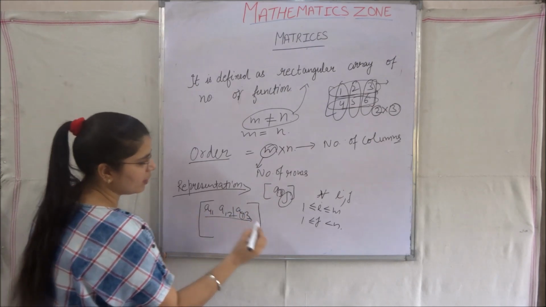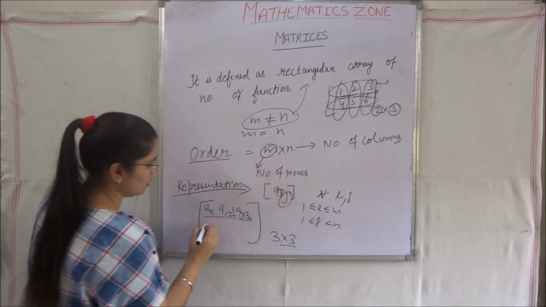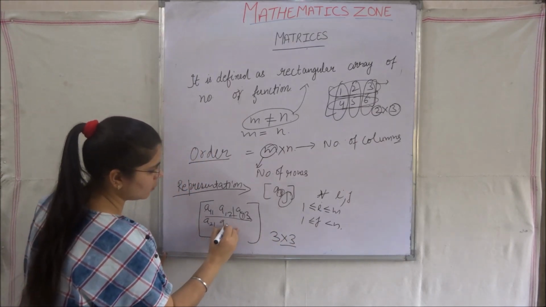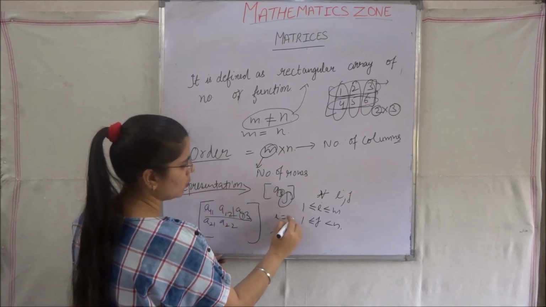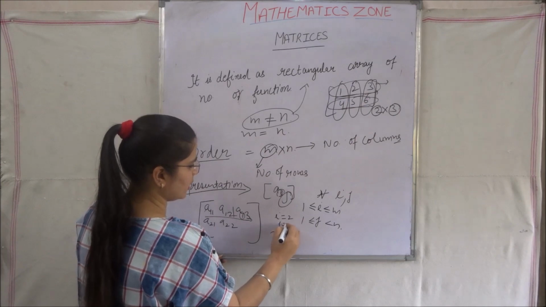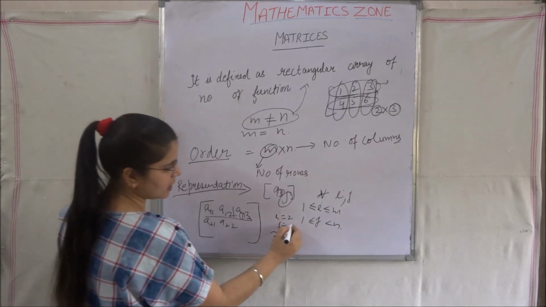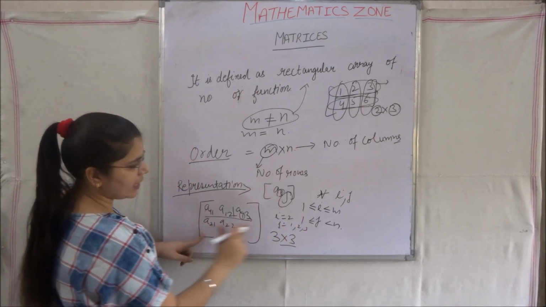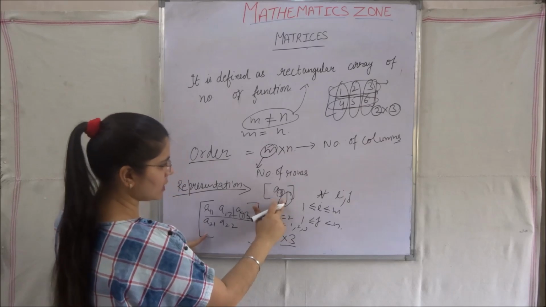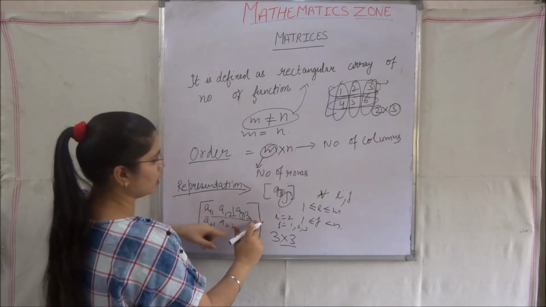In a similar way, if you want to find the 3 cross 3 matrix, that will be A21, A22, by putting i equal to 2 and j correspondingly 1, 2, 3, because here the second row is moving on and j is 1, 2, 3. Suppose i is equal to 1 and j is equal to 1, so A11, and in a similar manner we move further on.